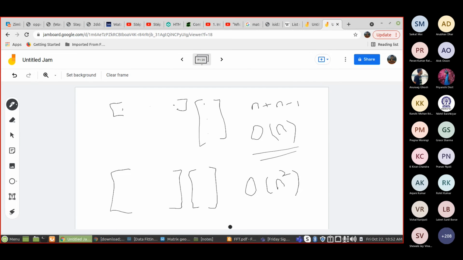So as n becomes larger, maybe 1000 or something. This is not very large, but even with n equal to 1000, n squared is going to be, I don't know, 1 million or something.